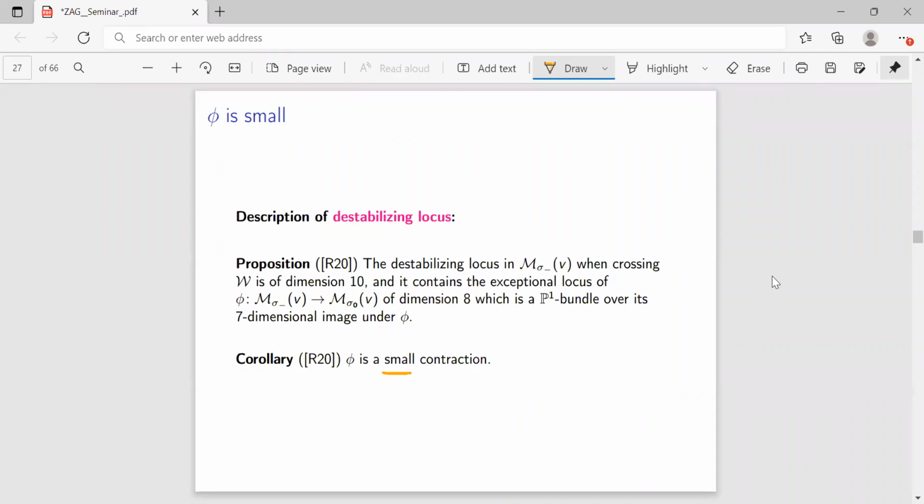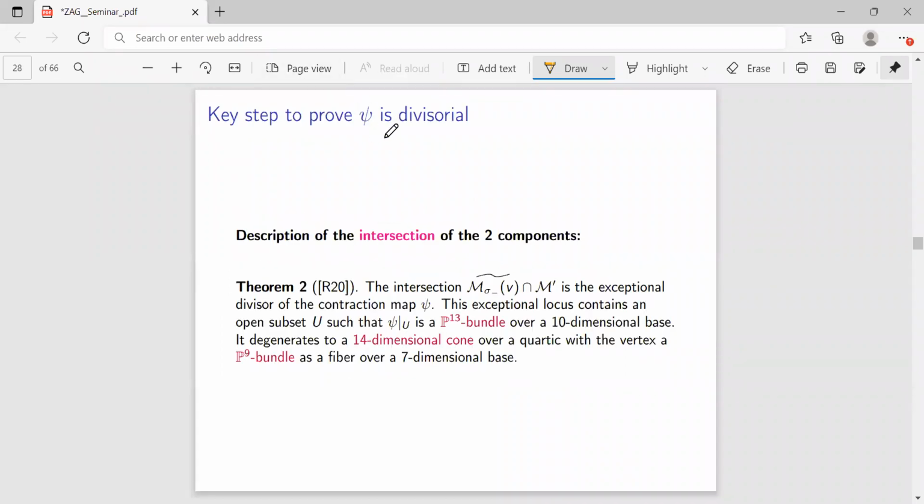And the more difficult problem is to show that the other map is divisorial, for which we need to look at the intersection of those two components. Basically, this theorem describes the intersection, which I will skip the details and also the proof because we don't have much time left.